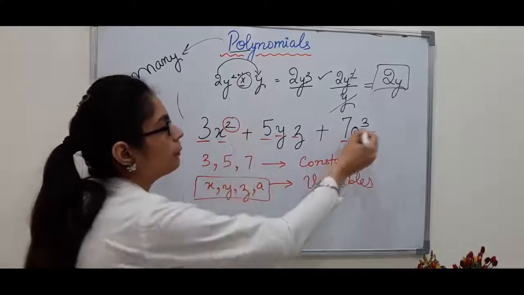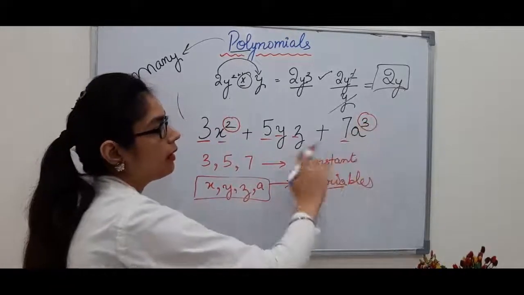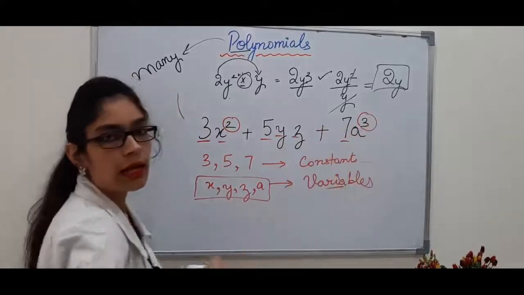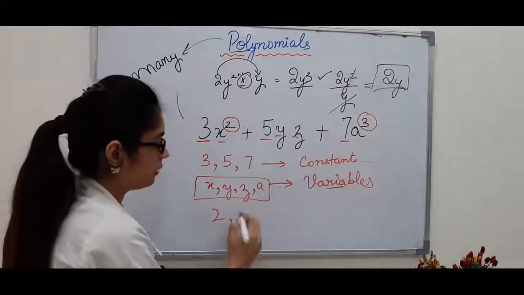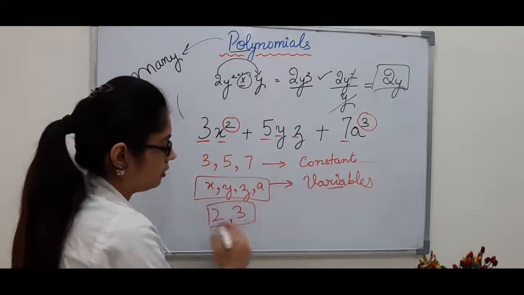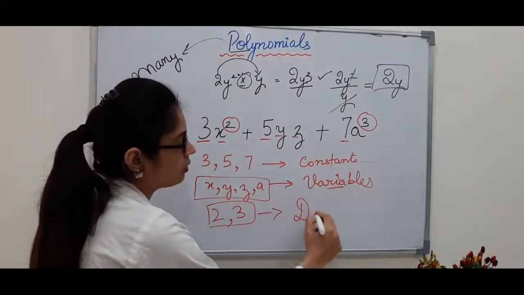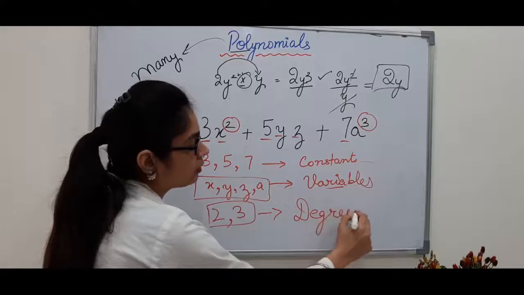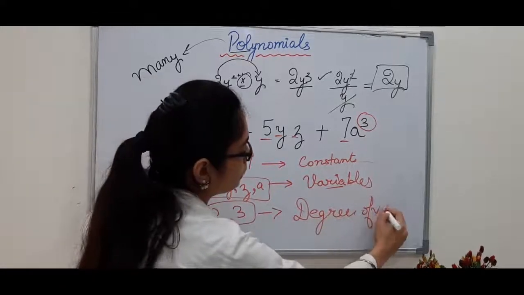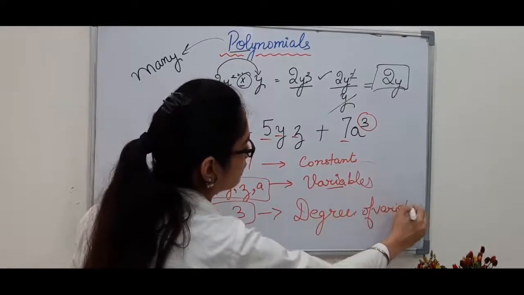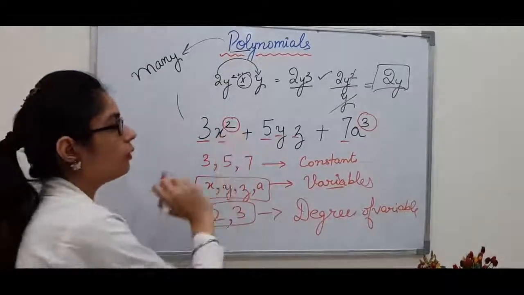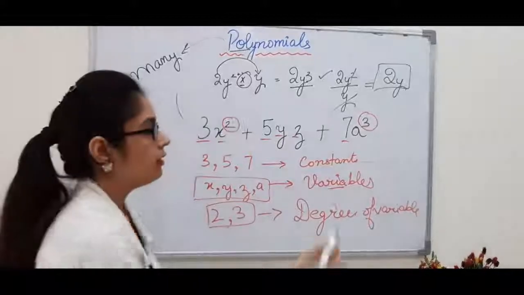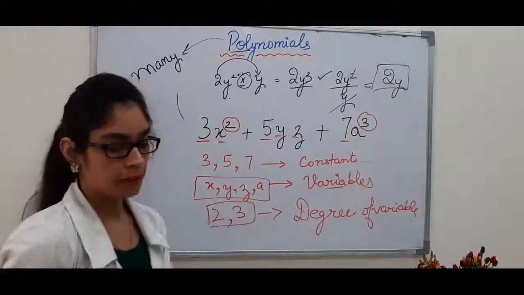These two numbers which are written at the top of the alphabets, this 2 and that 3, these two are degrees of variable. So if I say what is the degree of x, the degree of x is 2, and what's the degree of a? The degree of a is 3.